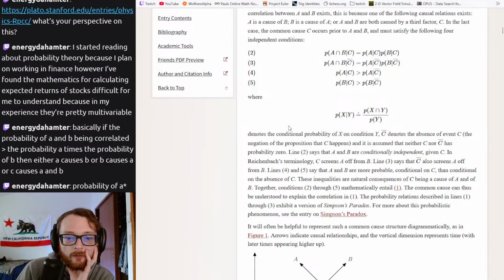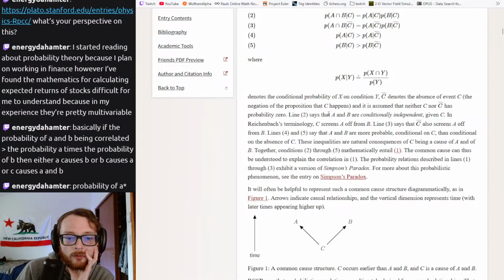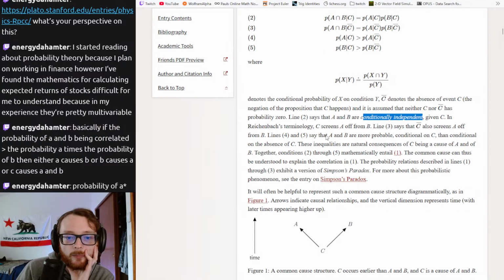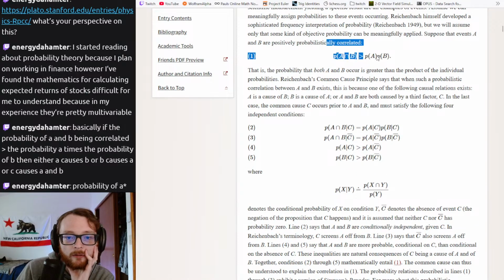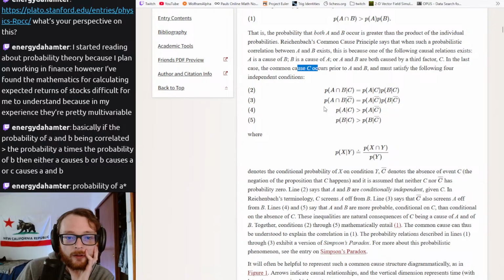I don't quite know offhand what this is saying. These conditions. I guess this is saying the conditionally independent, where A and B might appear to be dependent based off this relation, but they might actually be independent if you realize this cause C exists.